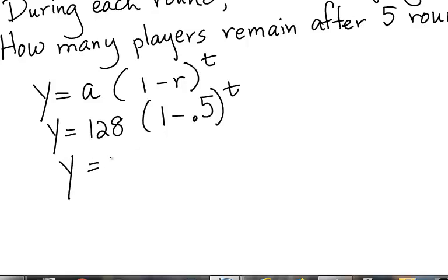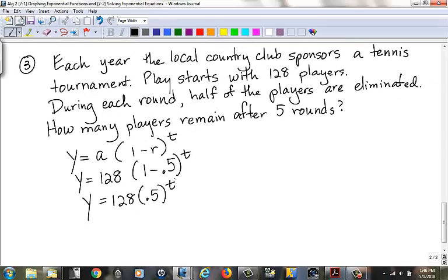So y equals 128 times 0.5 to the t power. On your calculators, put in y equals 128 times 0.5 and raise that to the x power.